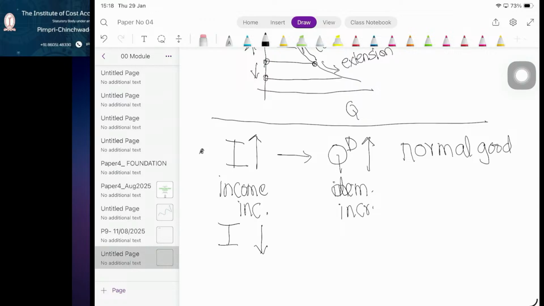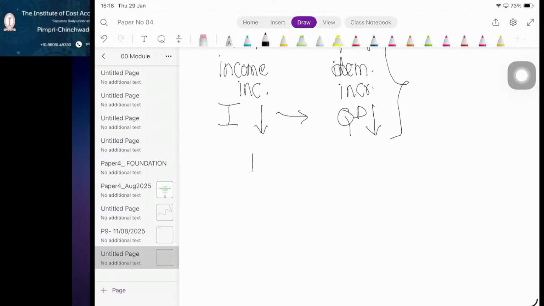So for a normal good, if income falls, quantity demanded, what should happen? Should it go up or down? Can you tell me? What should happen? Down, correct. It should also go down. So this is the idea of a normal good. Now imagine this is a product whose demand curve originally is like this, with P and quantity demanded, and I will label this as D1.